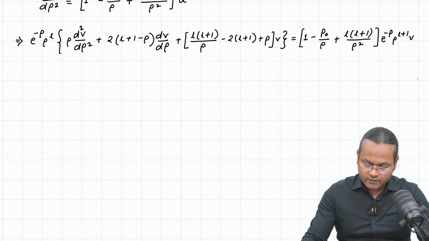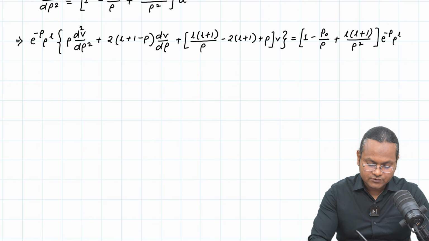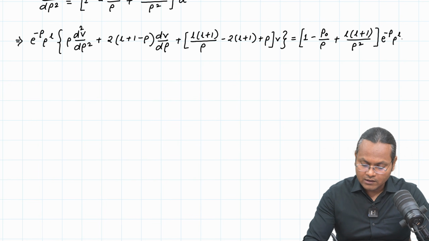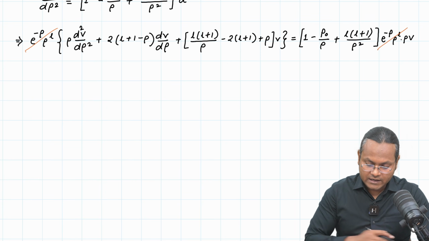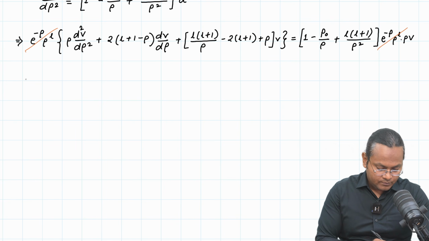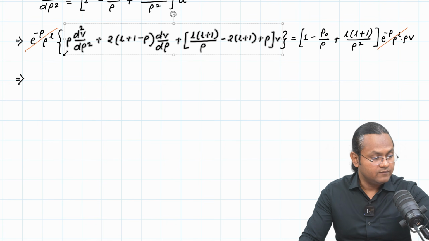So here, again, what can we do? So let us take the rho from here out. Okay, so here we have rho to the power L plus 1, right? So let's just write it as rho to the power L, rho, and v. Then we can cancel out these two terms on the left hand side and the right hand side. So this will eventually become, on one hand, we have this particular expression, right?